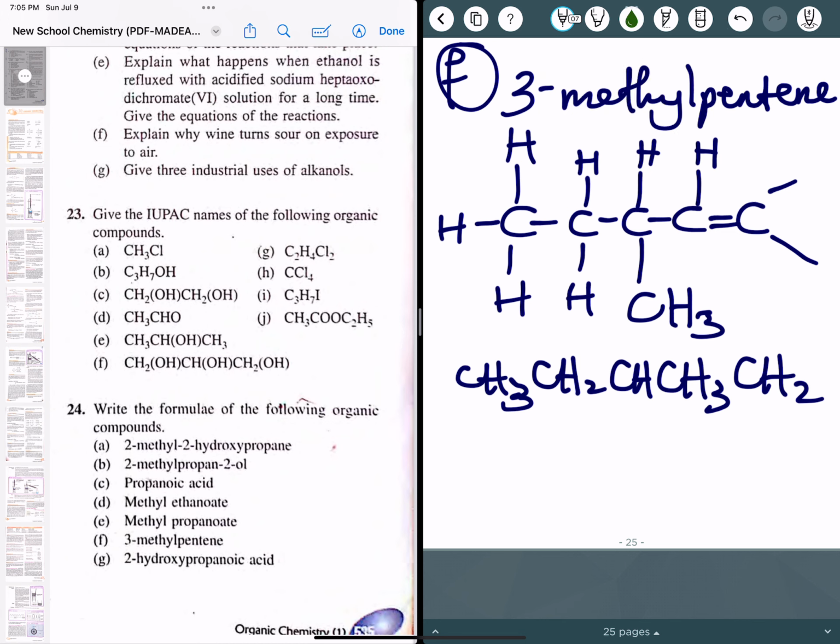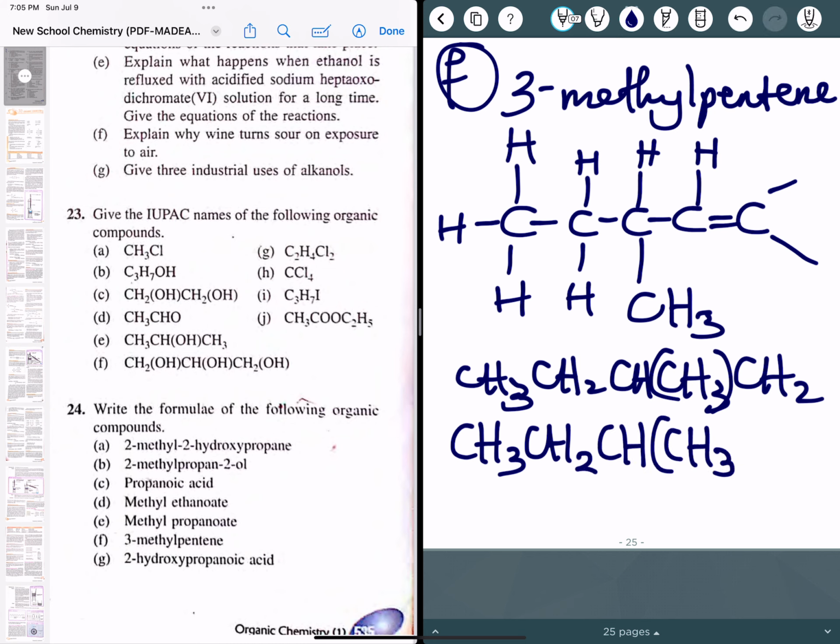More correctly, I should keep this in bracket to indicate that it's an attachment. That makes the compound clearer. So take note of that example.